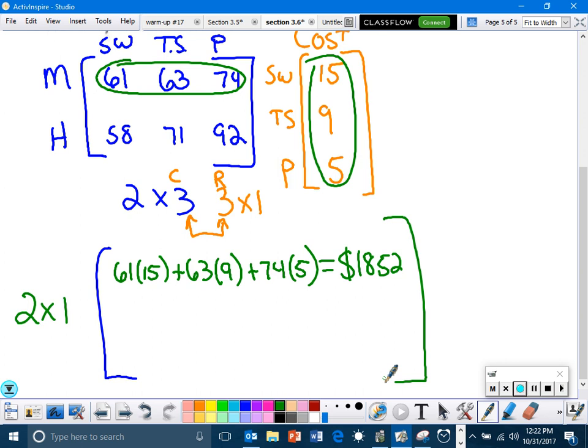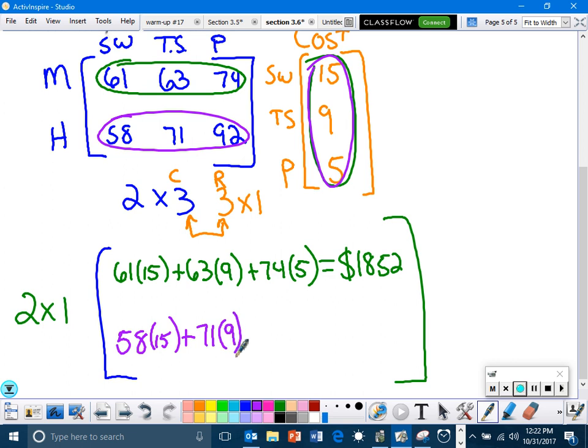Okay, the next one, we're going to go row, column. So that would be 58 times 15 plus 71 times 9 plus 92 times 5, and that's going to give us the price of $1,969. Okay, well, what in the world does that mean?